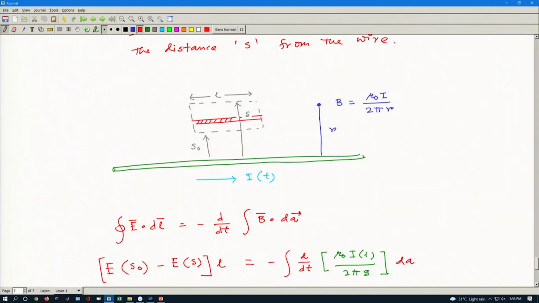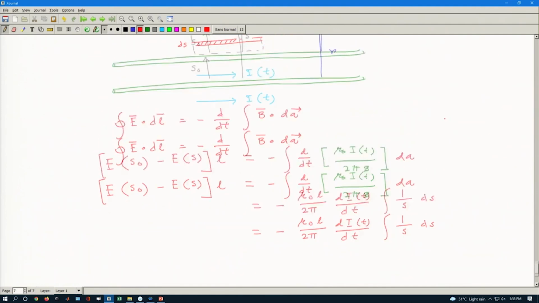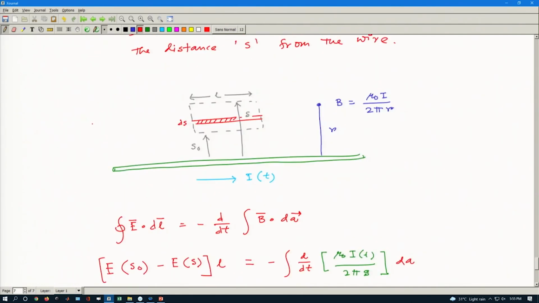So this is the area, and this is my ds. The area dA here is ds multiplied by the length L.